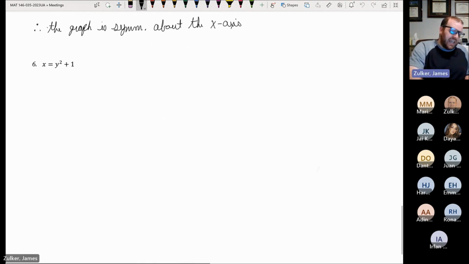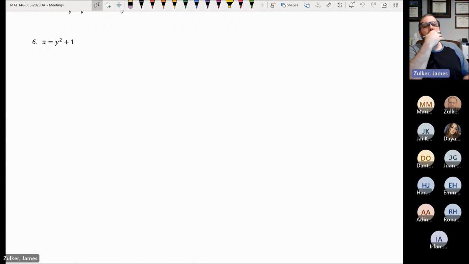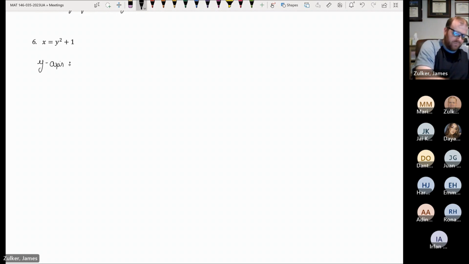So let's look at the relation x equals y squared plus 1. Let's check the y-axis. Replace x.